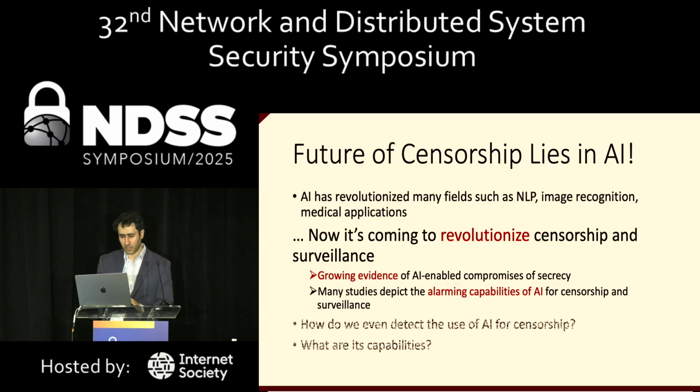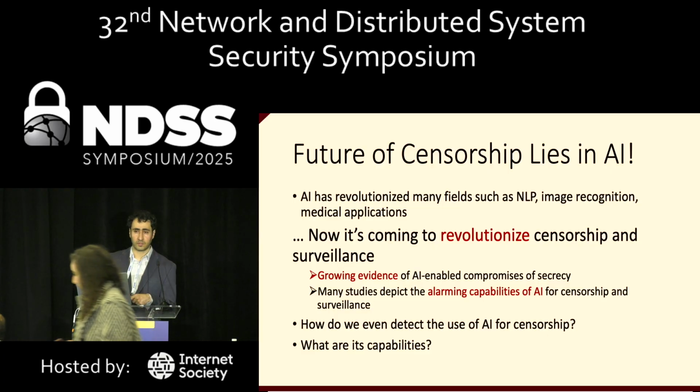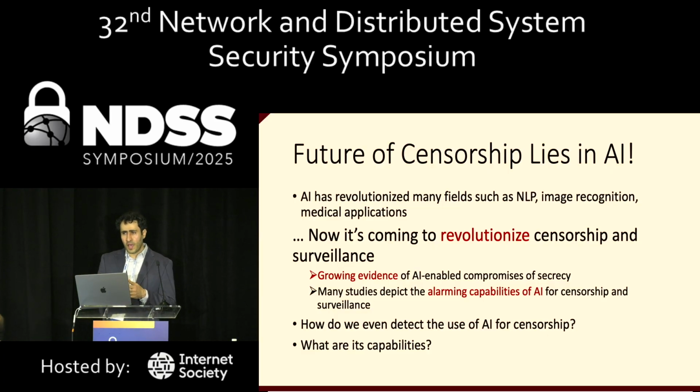So the first thing we need to do is fully understand the capabilities of AI and large language models in assisting the censors. We don't even know that yet. We don't even know the power of LLMs that can be provided to the censors. We also need to be able to detect when AI is used by the censors.